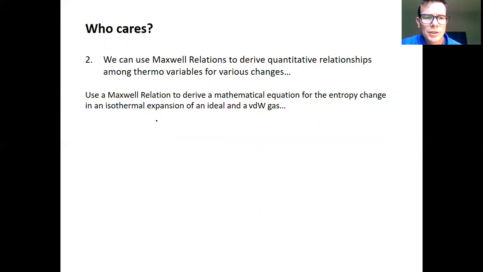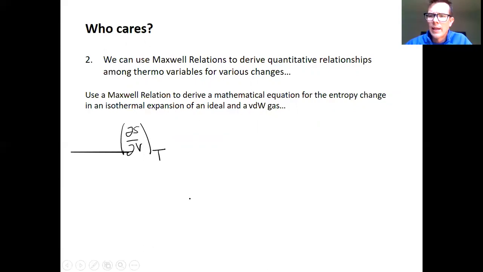So the entropy change of a gas, what we're thinking about is the change in S with respect to V at constant T. This is an entropy change with respect to volume. And we don't know what that is. We don't have a good way of thinking about that. We don't have an equation for entropy of a van der Waals gas.